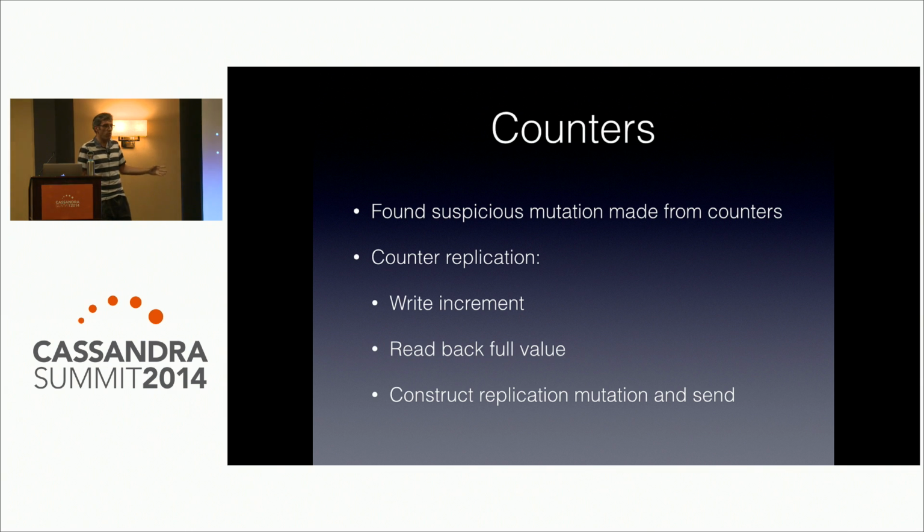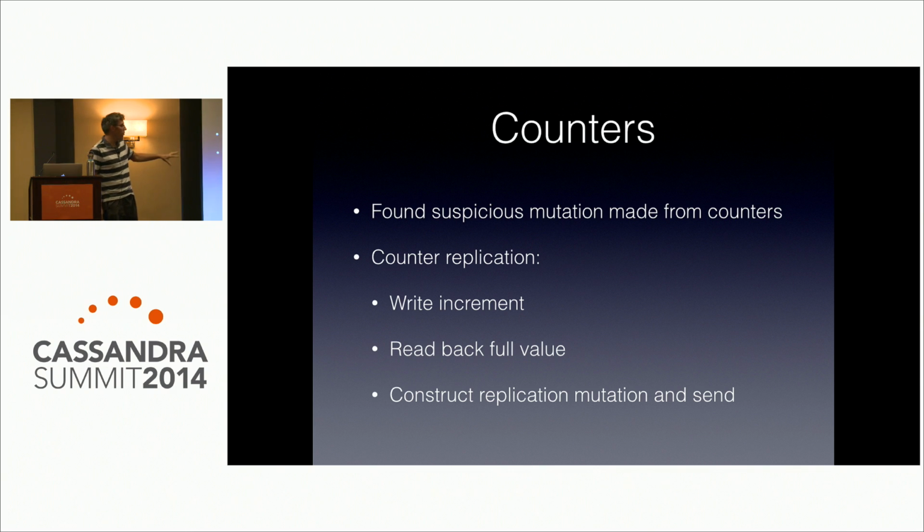This is one of two cases in Cassandra where writes actually entail a read. So you write this increment, and then you read back the full value. Say the counter was 99, and you do a +1. You write +1, and then you read back the value, so you get back 100. Then you send that message out to the remaining replicas to say, this is the new value of my counter.